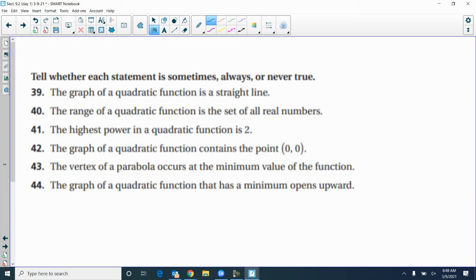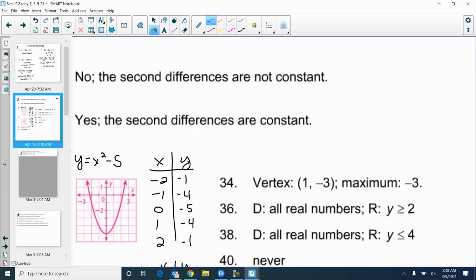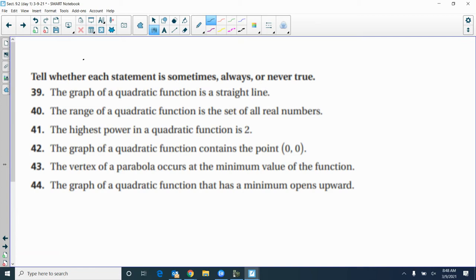Always. You literally just showed me. Function, straight line. What's a quadratic? Now, we just graphed. It's a U. Okay, good. So it is a U. So is this going to be always, sometimes, or never? It's going to be never because it's a U. It's got to open up or down.